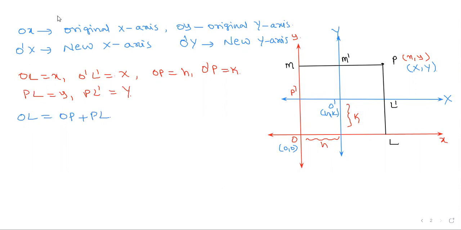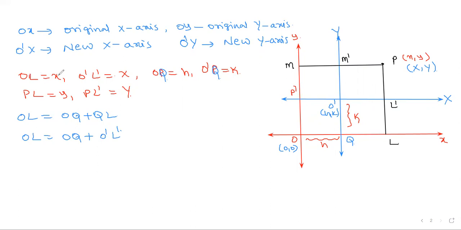If you take this point as Q, then OQ is h and O dash Q is equal to k. Then OL can be written as OQ plus QL, and QL can be written as O dash L dash.